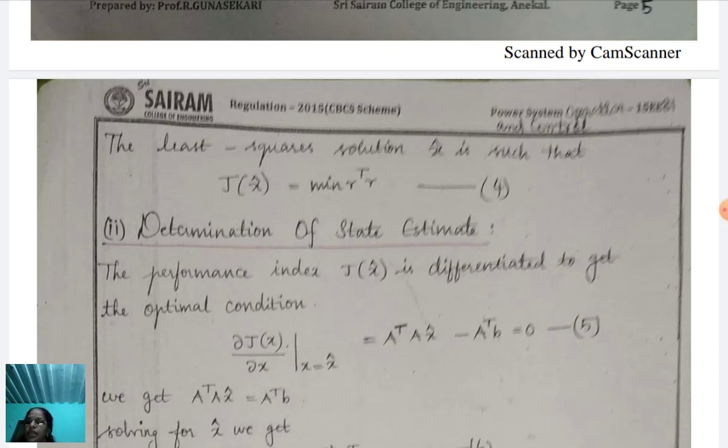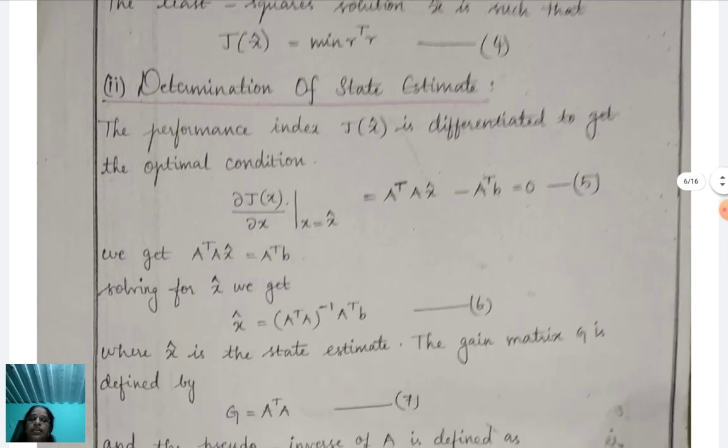Second, the determination of the state estimate. The performance index J of x is differentiated to get the optimal condition, that is, dou J of x divided by dou x at x equal to x hat, which is equal to A transpose A x hat minus A transpose b equal to 0.